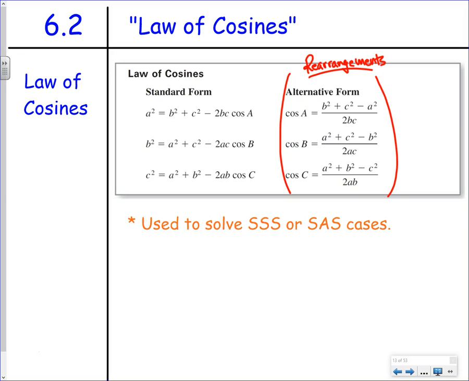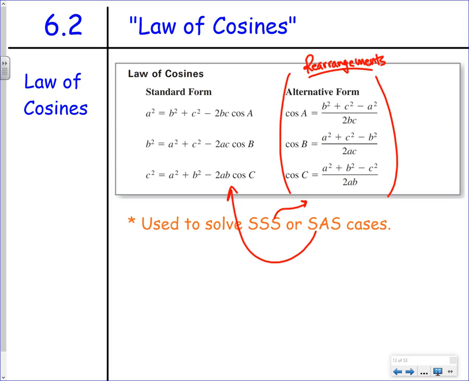If you were given SSS, this column will be nice. If you're given SAS, those variations will be nice. But technically, these are the standard law of cosines formulas. And if you ever didn't know an angle, you could always just write this out and then solve for cosine of A. So it's up to you. Do you want to memorize 3 more, or do you want to be fully confident you'll never make a mistake as you move all these guys over and solve for him?